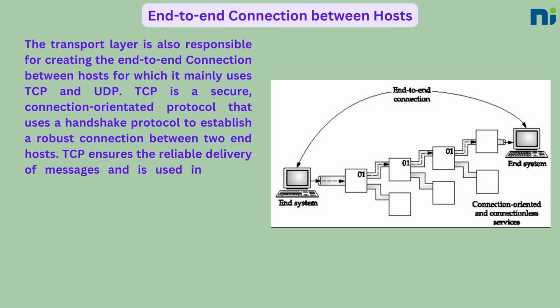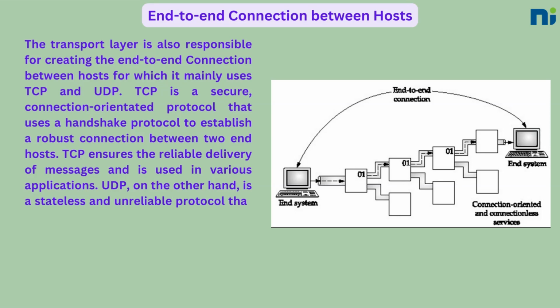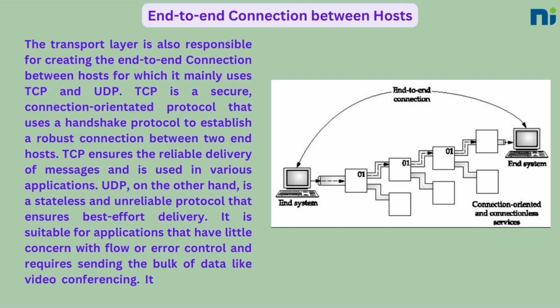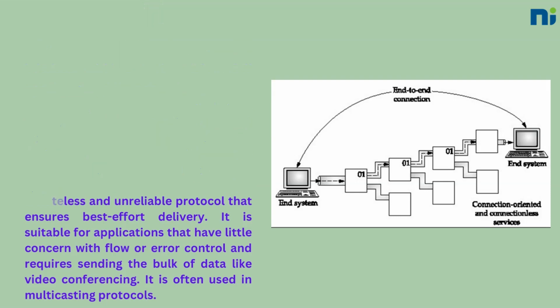TCP ensures the reliable delivery of messages and is used in various applications. UDP, on the other hand, is a stateless and unreliable protocol that ensures best effort delivery. It is suitable for applications that have little concern with flow or error control and require sending the bulk of data, like video conferencing. It is often used in multicasting protocols.